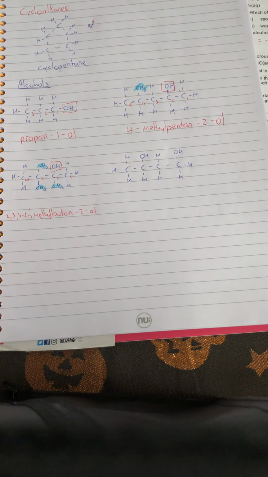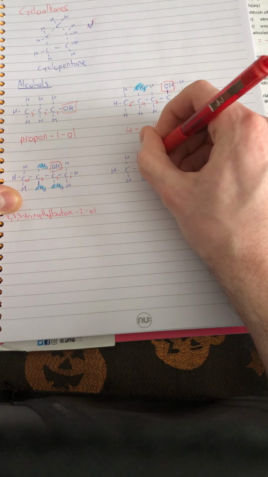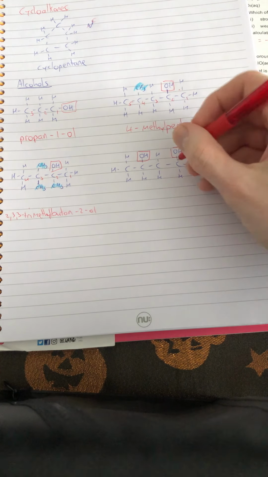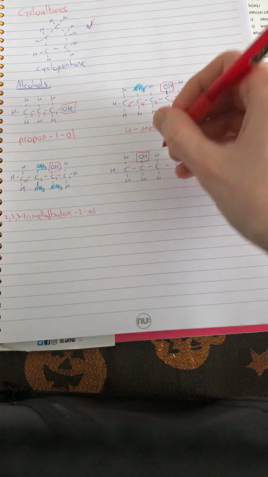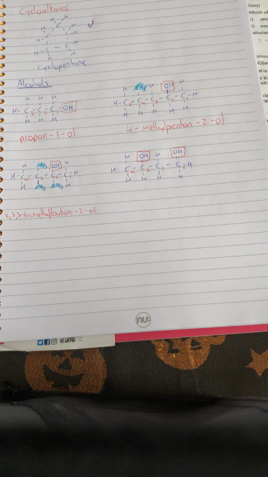Okay, so again, we've got a hydroxyl group here, and we've got a hydroxyl group there. Start from the side closest to the hydroxyl groups, which would have to be the right side. Yes, that's 1, 2, 3, and 4.